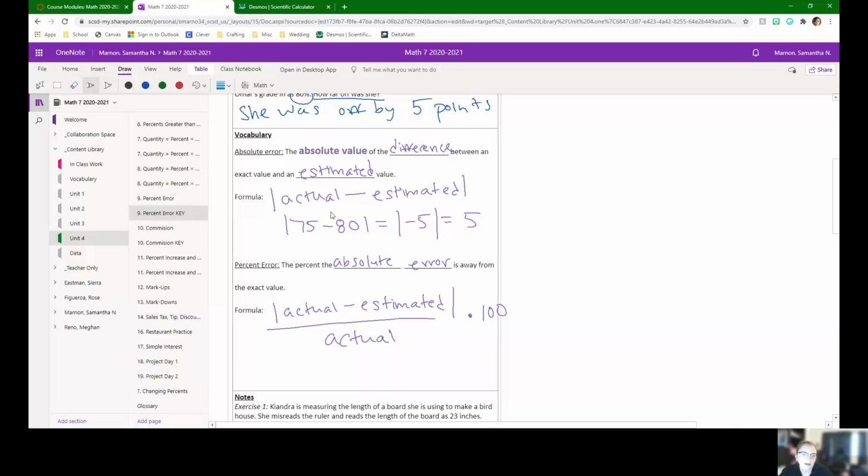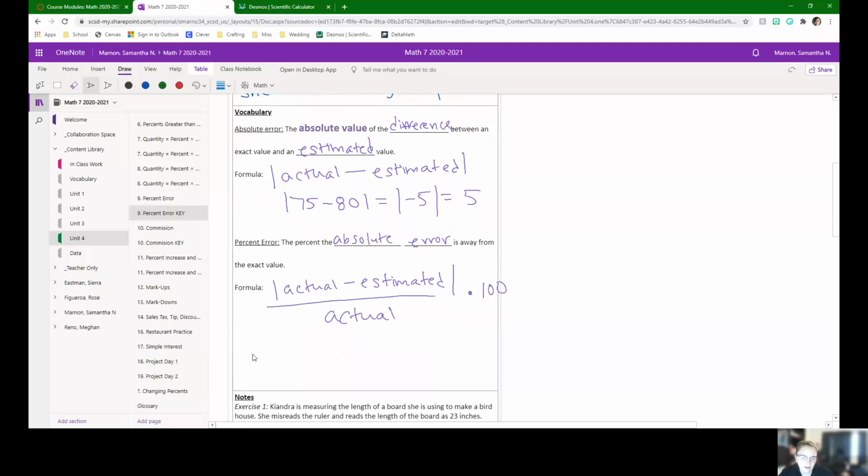So in the case of my guessing and putting in Omar's grade incorrectly, I would have to do the absolute value of the actual, which was a 75, minus what I guessed, which was the 80, divided by the actual, which was 75, and then times 100 in order to get it to a percent. We can do some of this by hand because we know the absolute value of 75 minus 80 is -5.